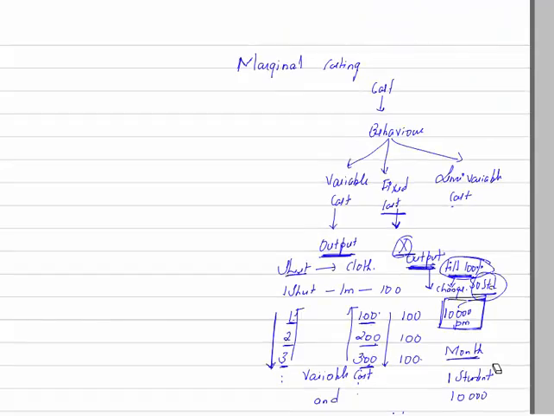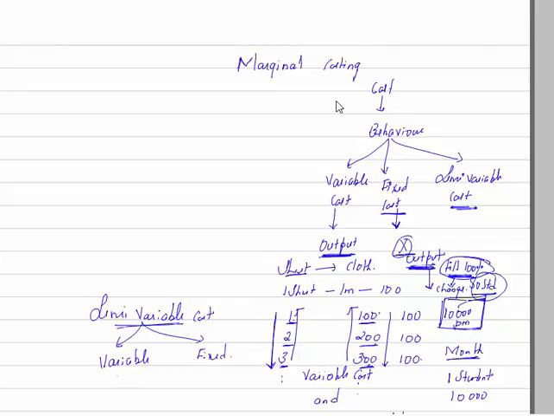Next, semi-variable cost. Semi-variable cost means those costs where some part of the cost is variable in nature and the other part is fixed in nature. Let us take an example.